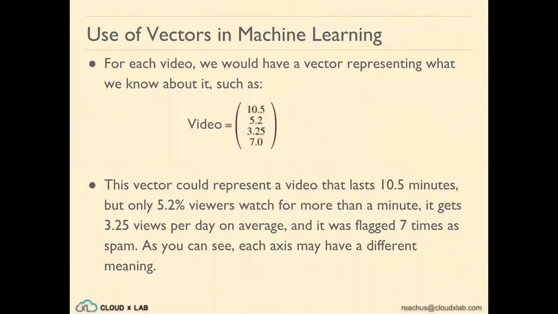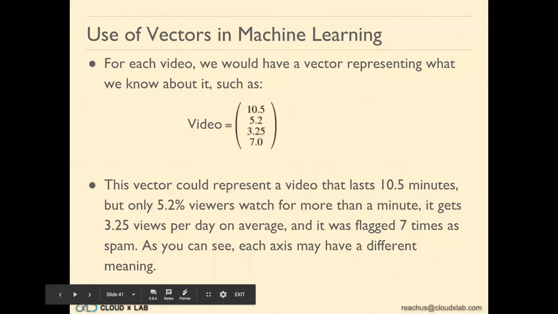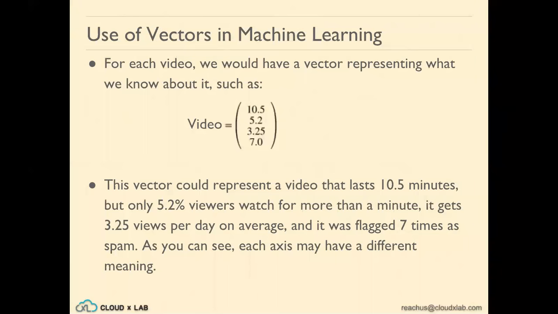It'll be a list of numbers representing what the color of each pixel is. So an image is represented by a list of numbers. Let's say we have a 100 by 100 pixel image. A 100 by 100 pixel image will be represented by a vector of 10,000 elements.